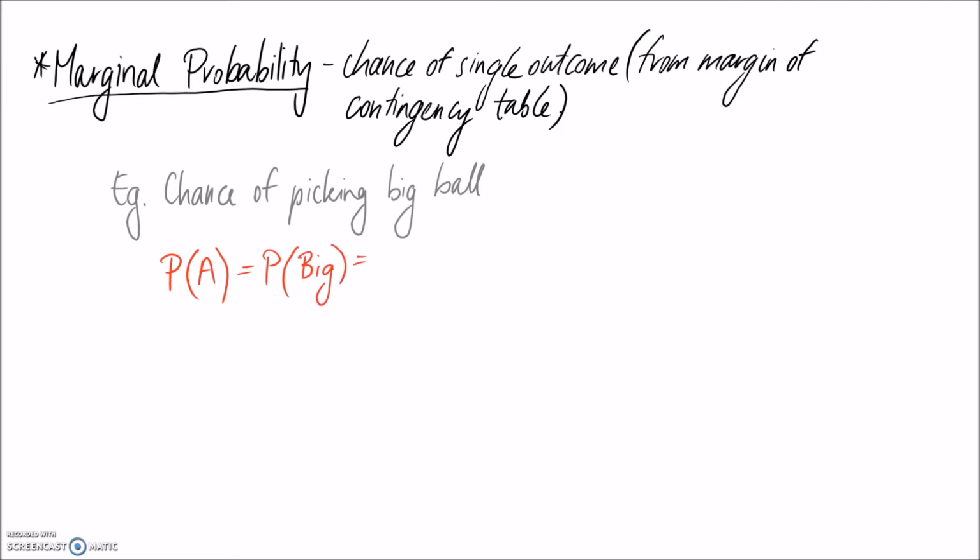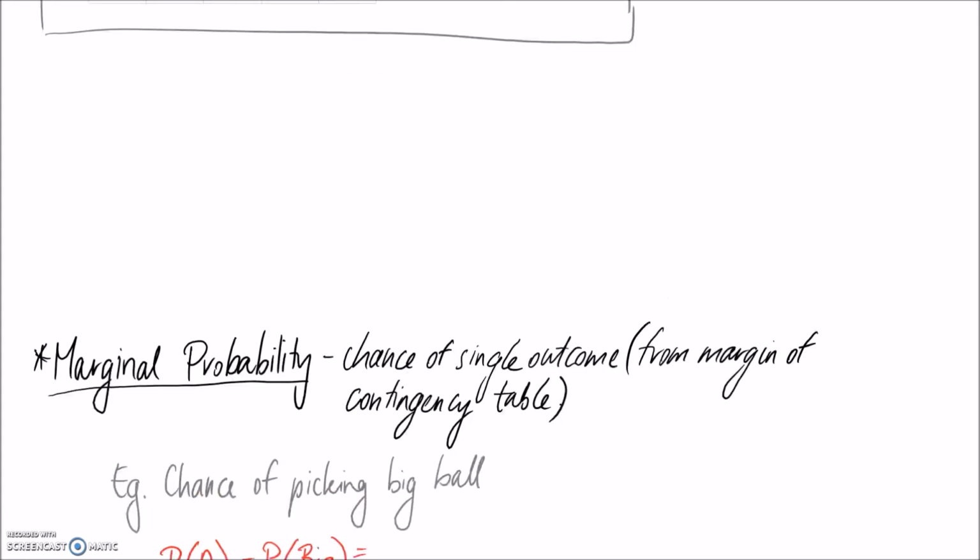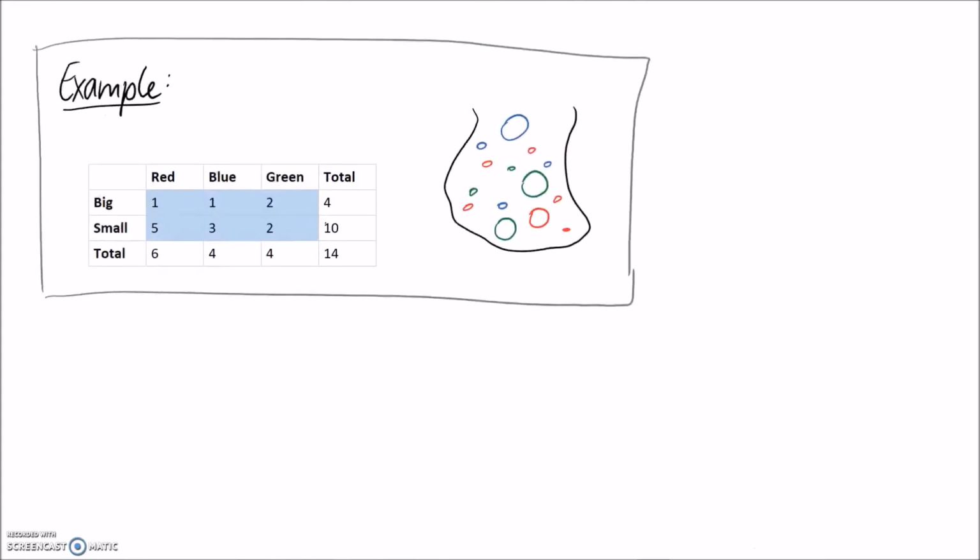To get this, we look at our contingency table, and we're looking in the margin. If we scroll back up, the margins are these total sections. We're interested in a big ball, so that's this one here, and the total number of big balls we have is 4. If you look at my picture, you can see it: 1, 2, 3, 4.